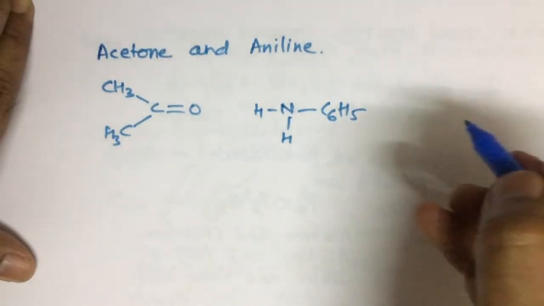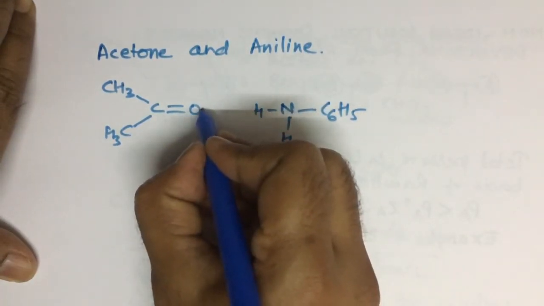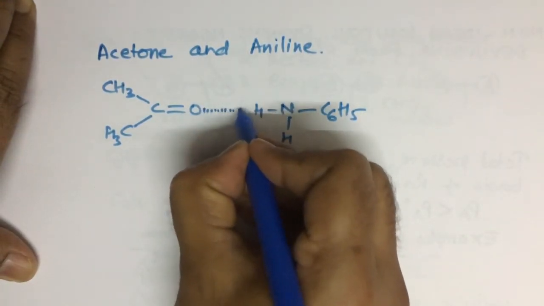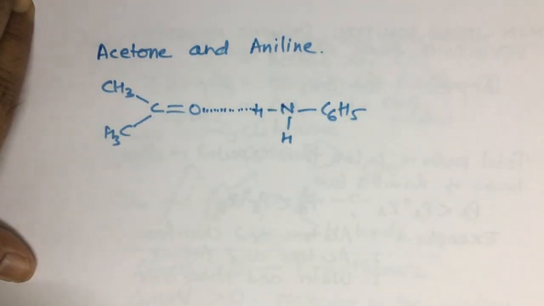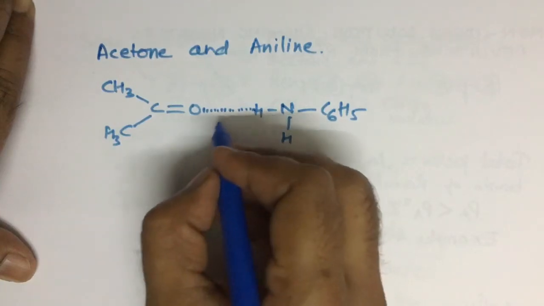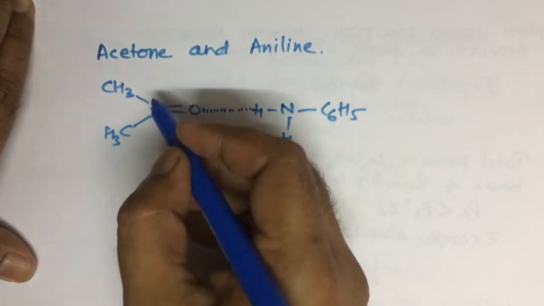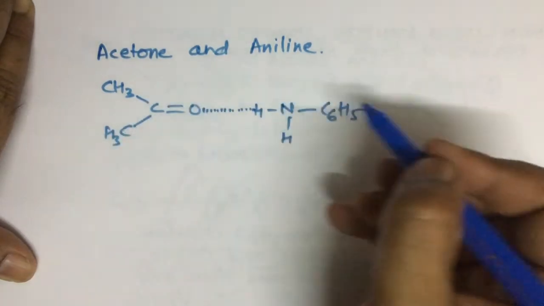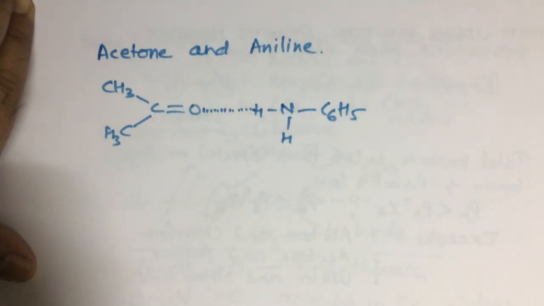When the two components are mixed, the hydrogen from the aniline makes a hydrogen bond with the oxygen in acetone, but there is no such hydrogen bonding in pure acetone. These hydrogen bonds are very strong if we compare with the attraction between two acetone molecules or two aniline molecules. So stronger bonds are formed and weaker bonds are broken.